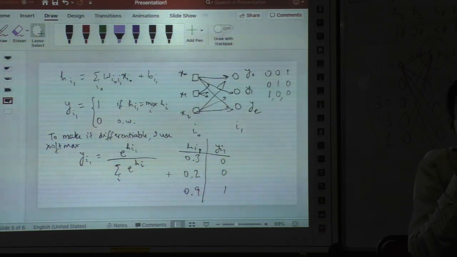Okay, somebody else? Anybody else got the answer? So fill this table.